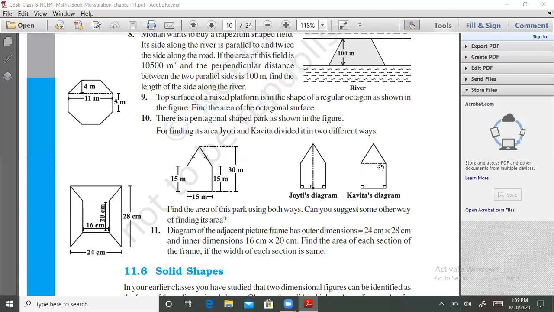Now in the next part we are going to use this diagram. Here we'll divide the pentagon in this way and we'll find out the area. Here we have divided the pentagon like this. Now we have two parts here.